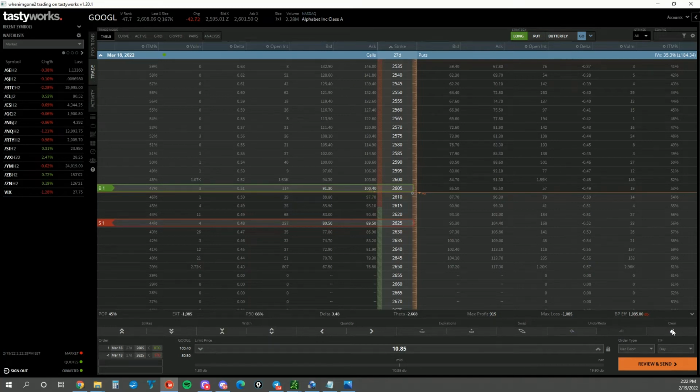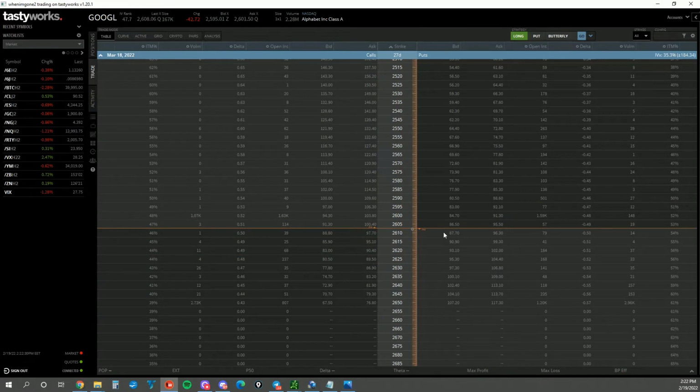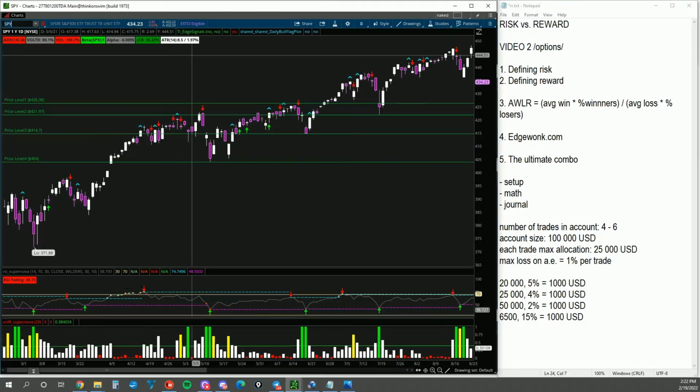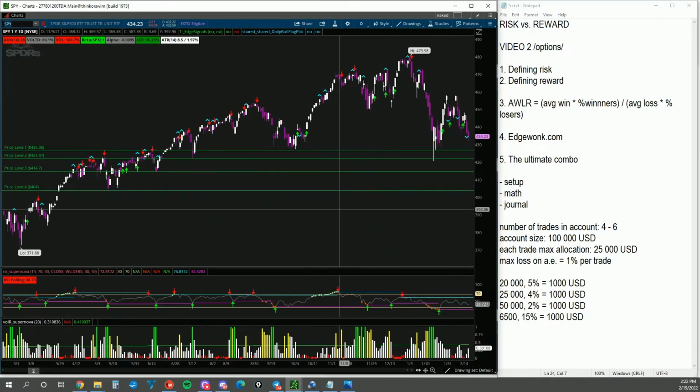You can take advantage of time passage, and usually this is good to do when there's strong supports and strong resistances. So for example, what you can do, and let's just flip to Spiders. So this is the S&P 500 chart. As you can see right here, we have some strong support, right?